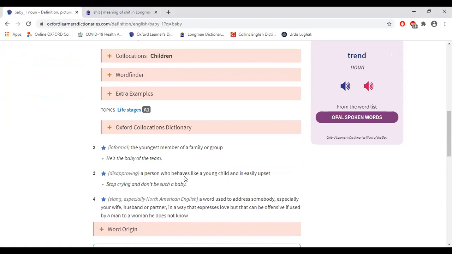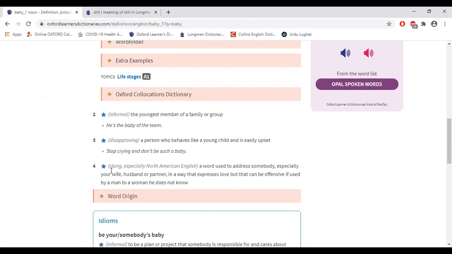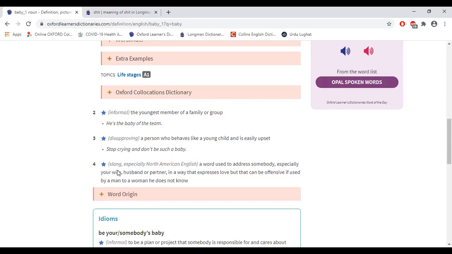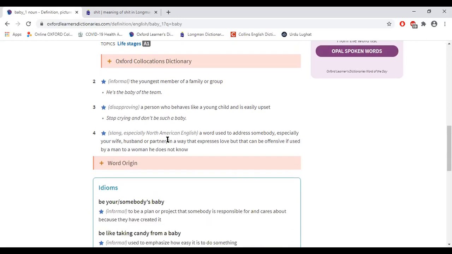A person who behaves like a young child and is easily upset. ये third meaning है, और fourth meaning इसकी जो है slang है, especially North American English। ठीक है, a word used to address somebody, especially your wife, husband or partner, in a way that expresses love, but that can be offensive if used by a man to a woman he does not know. So slang। ये जो आपके पास ब्रैकेट में दिए गया, इसको हम कहते हैं register। Is this clear?